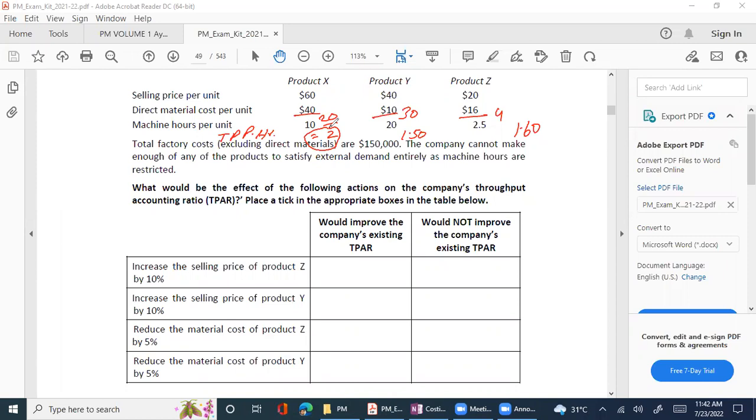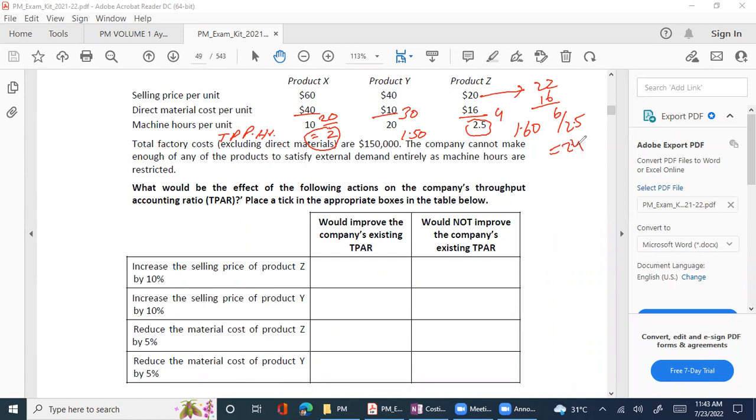Now, if we increase the price of Z by 10%, let's say the new price is 22, then 16, this will be 6 over 2.5. What will be the answer? If we divide 6 over 2.5, 2.5 is the per unit time of the bottleneck resource. Then what will be the ratio?